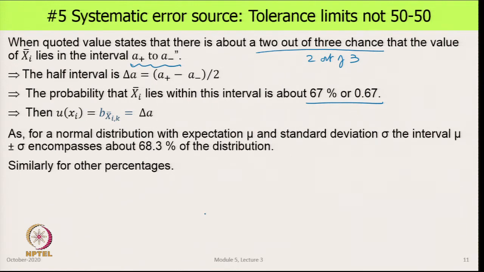And if you look at the normal distribution, the multiplication factor for this is 1 sigma. So, the elemental systematic standard uncertainty on this count is 1 times the half width of the interval, 1 times delta A.